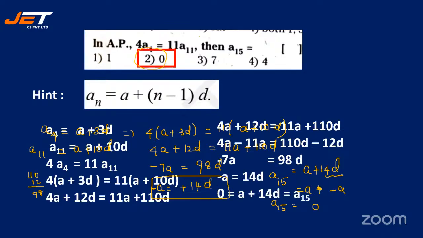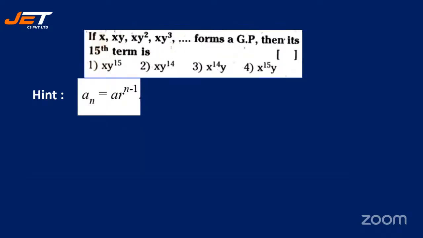All right. Let's move on to the next sum. Here we have, if x, xy, xy square, xy cube and so on form a GP, then what is the 15th term? So for this, you need to find out what is A. A is always the first term, right?